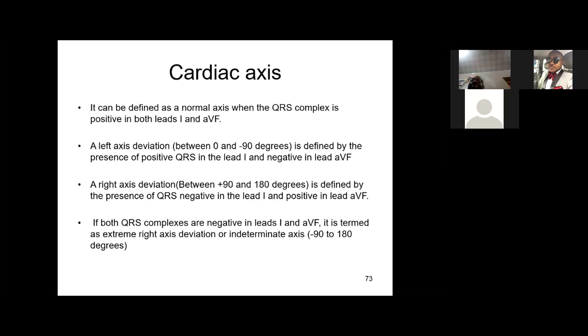Right axis deviation between +90 and 180 degrees is defined by a negative QRS in lead 1 and positive in lead AVF. If both QRS complexes are negative in leads 1 and AVF, it is termed an extreme right axis deviation or indeterminate axis.